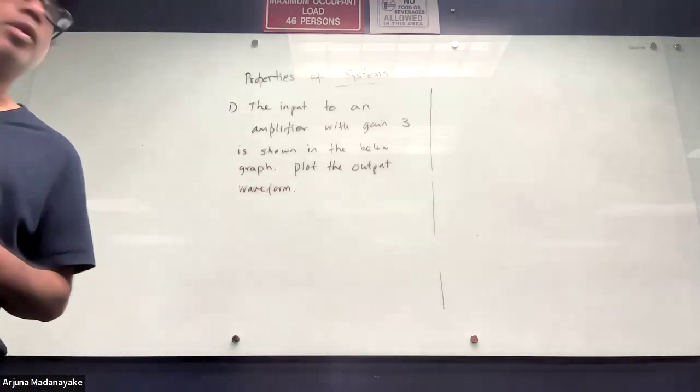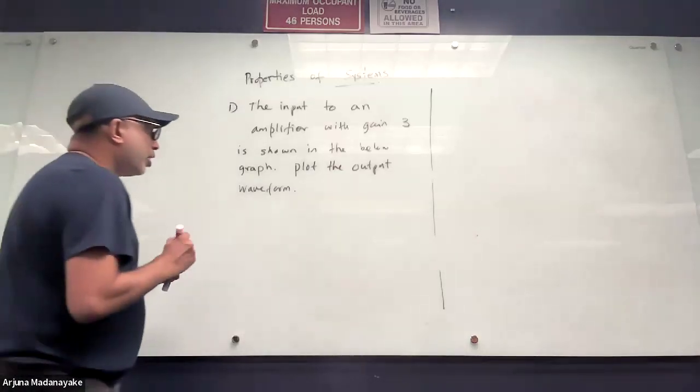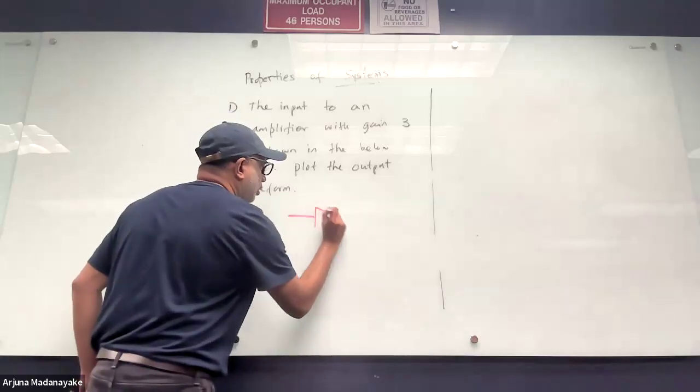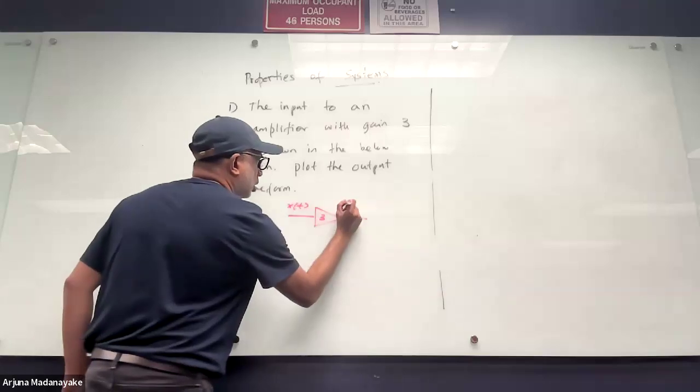So I'm giving the problem in a graphical way. Or I'm saying, okay, the amplifier gain is 3, right? So we have an amplifier which has a gain of 3. This is input. This is the output.